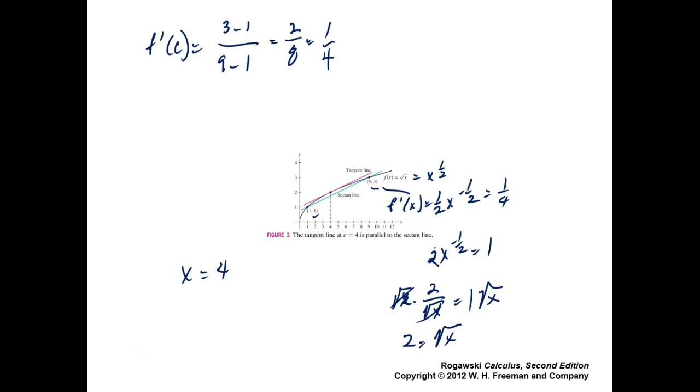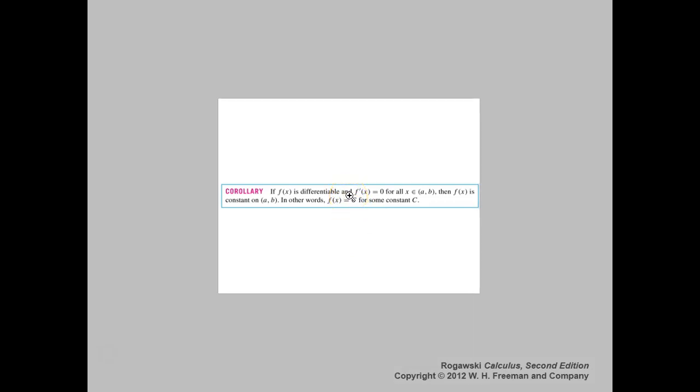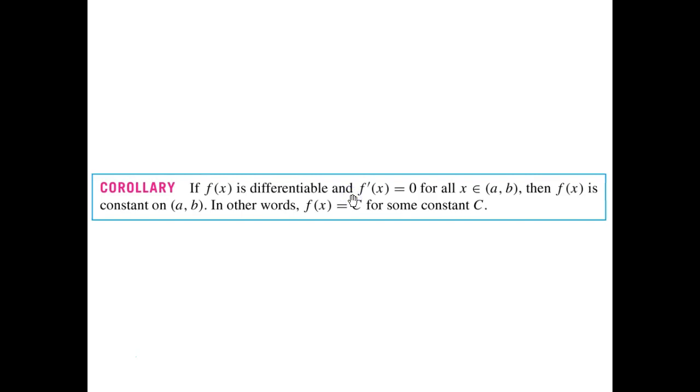Now, this mean value theorem also has a corollary, which means something else that it implies that you might not think about right off the top. That's not really the definition of corollary, but that's how I like to think of it. If f is differentiable, that's what we've had before, and f prime of x is equal to 0 for all x's in an interval a to b, then f of x is a constant on a to b.